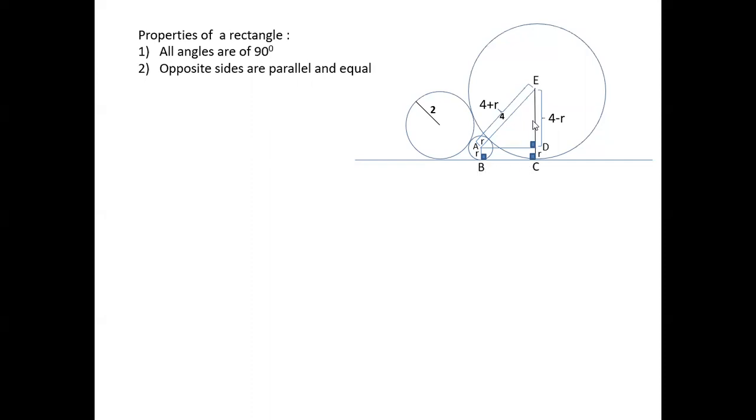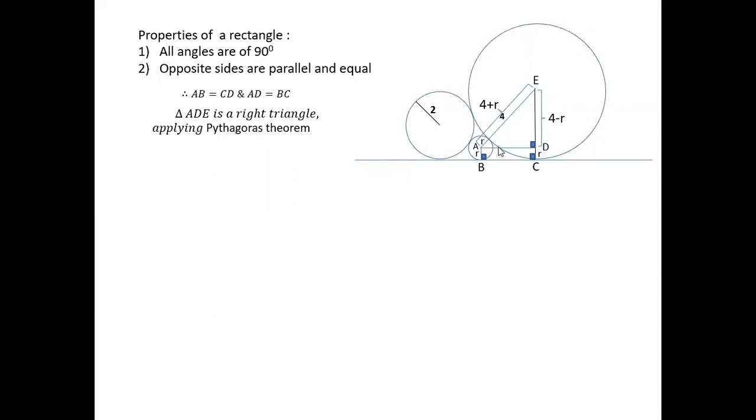From this property, AB is equal to CD and AD is equal to BC. Because I said this is a rectangle, these are the conditions we get. Now, ADE is a right triangle, so let us apply Pythagoras theorem.